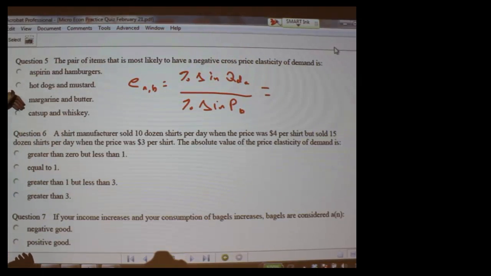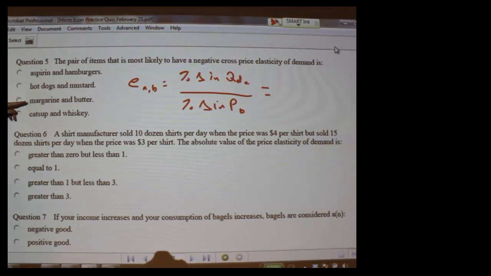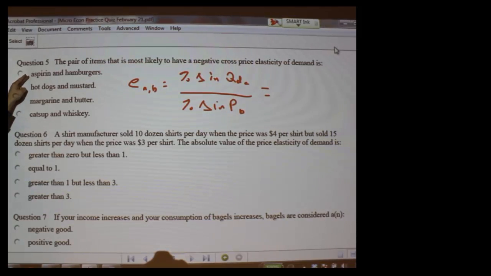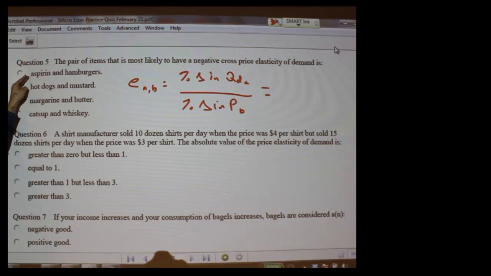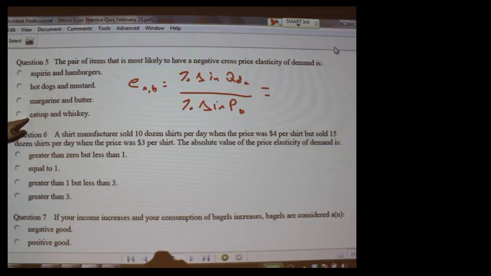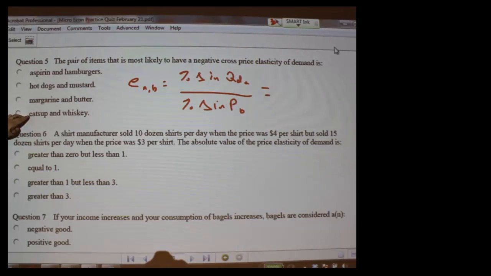Well, by the way, if you look at these answers, you see that here we have what? Complements or substitutes? Substitutes, right? And here we have complements. What about aspirin and hamburgers? No relationship. And ketchup and whiskey? At least as far as all the drinks I've ever heard, no relationship. So these are unrelated goods. These are complements and these are substitutes.